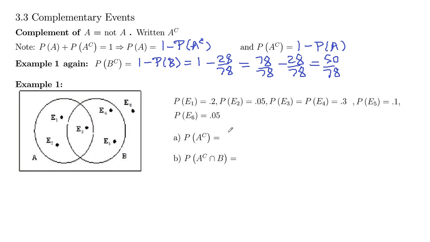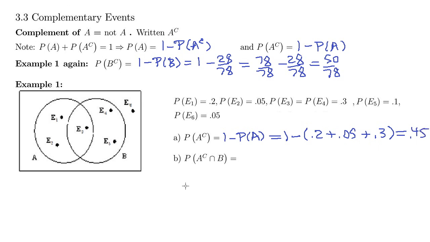So the probability of A complement is 1 minus the probability of A. So it is 1 minus, and then the probability of A will be the sum of the probabilities of the sample points E1, 2, and 3. So 0.2, 0.05, 0.3. So that's 0.55, and 1 minus 0.55 is 0.45.